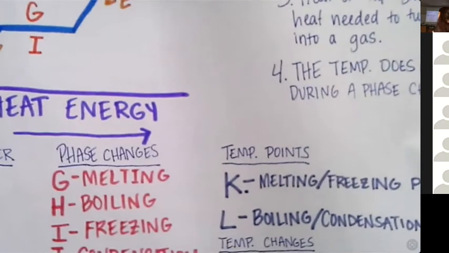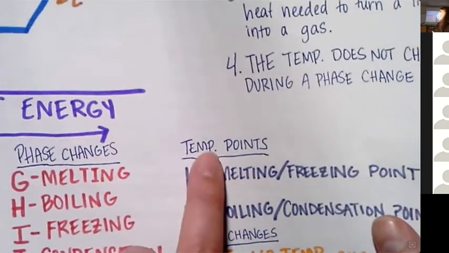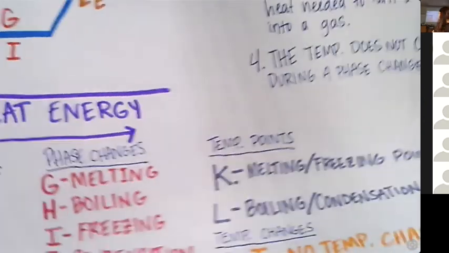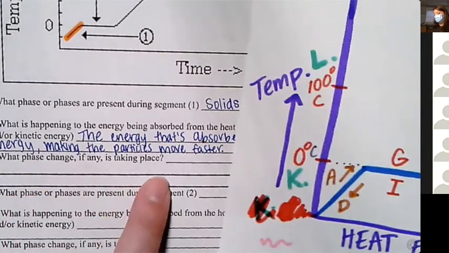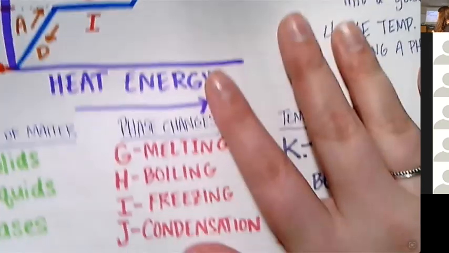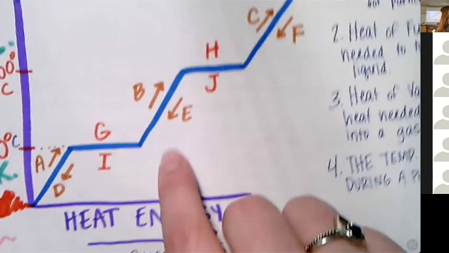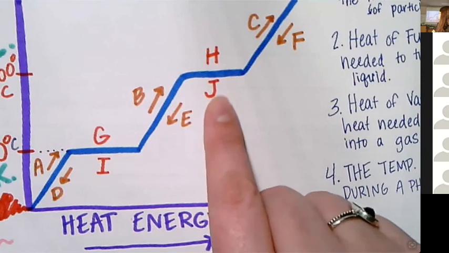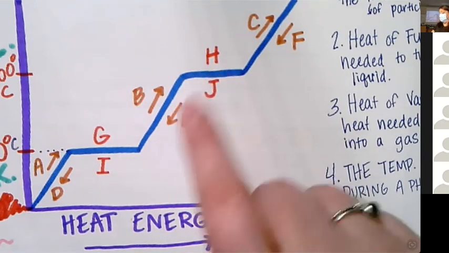If it says, is there a phase change happening? You can look in this category. What is the melting or boiling point, or what's the condensation or freezing point? Is the temperature changing during? No. Okay, so y'all see what I did for you there. So what phase change, if any, is taking place? Here are our phase changes from our notes, G, H, I, and J. Those are the phase changes on these flat lines.